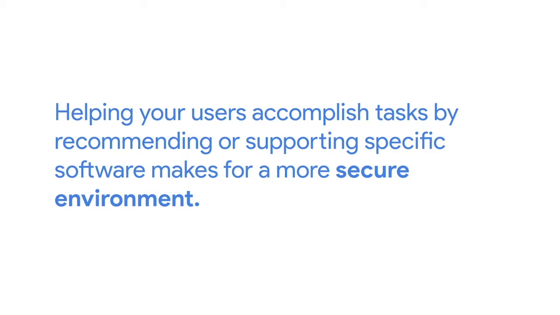Remember, the name of the game is to minimize attack surfaces. Each piece of software that accomplishes the same thing represents a different set of potential attack surfaces that could have a vulnerability lurking inside. Helping your users accomplish tasks by recommending or supporting specific software makes for a more secure environment. It also helps users by giving them clear solutions to accomplish tasks.